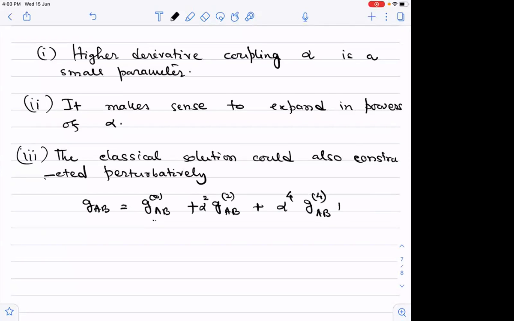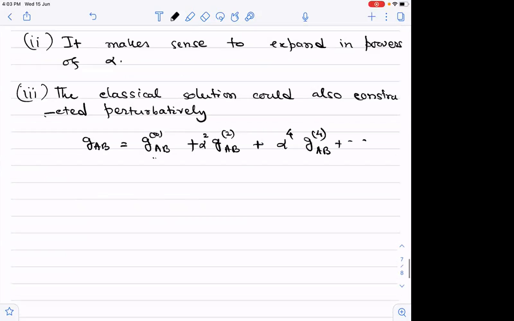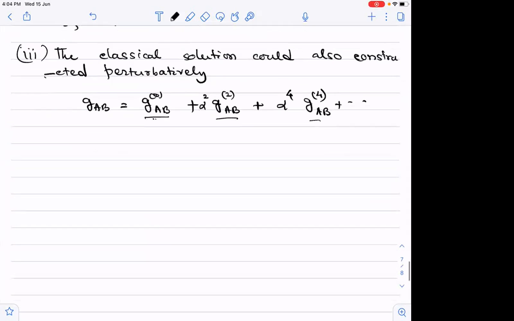This is the perturbative construction of the solution. We can first solve for G0AB, then use that to solve for G2AB and use that to solve for G4AB, order by order. And this makes sense. Alpha is such a parameter where this makes sense. So this is the basic assumption. The whole metric has a very smooth limit to alpha equal to 0, or Einstein gravity. So the higher derivative theory and the solution admit a smooth limit.